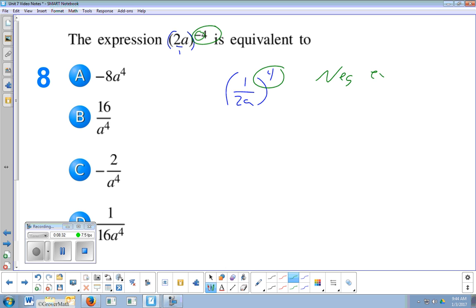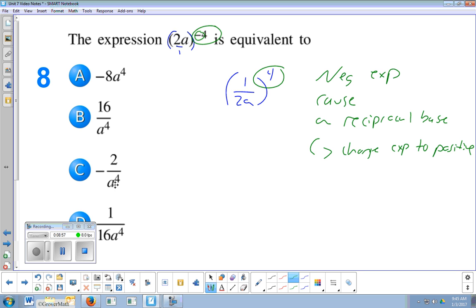Negative exponents cause a reciprocal base. So reciprocal the base, and then change the exponent to positive.